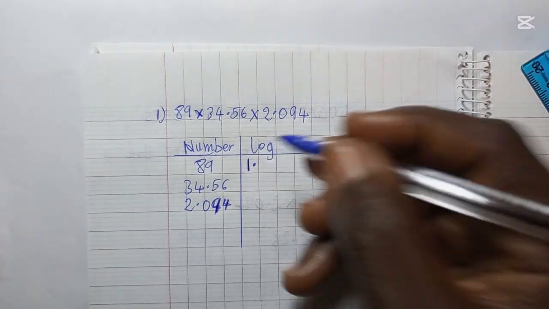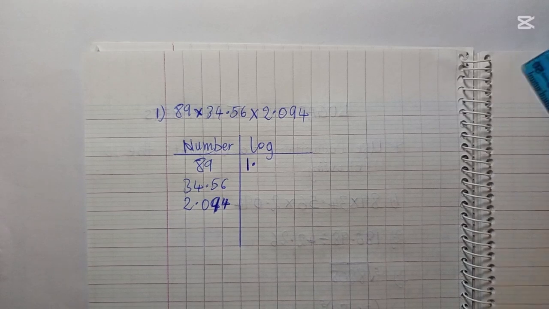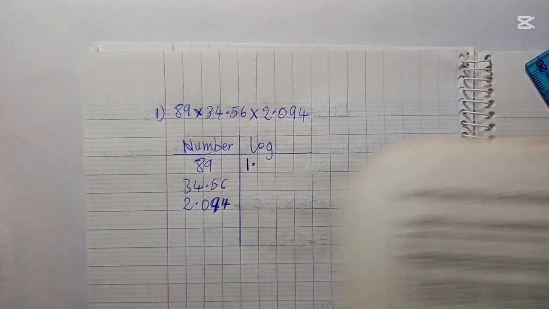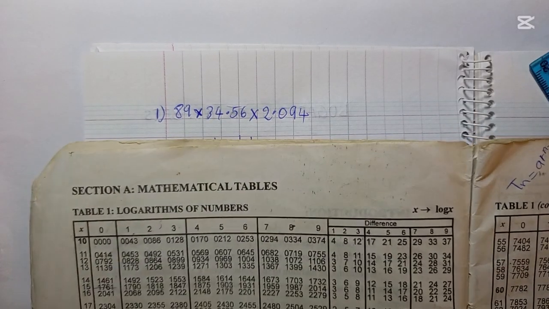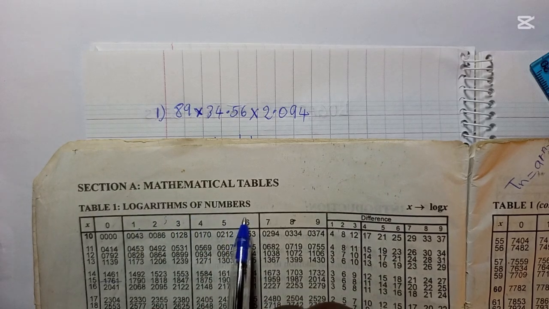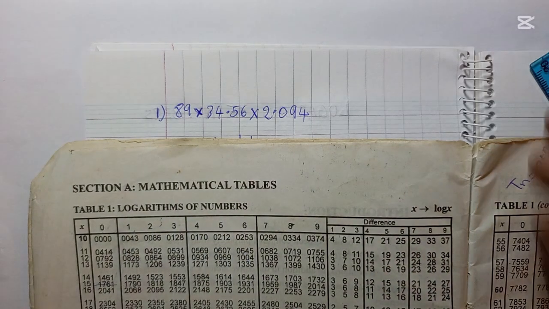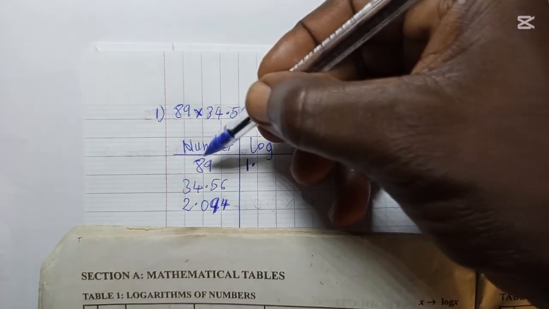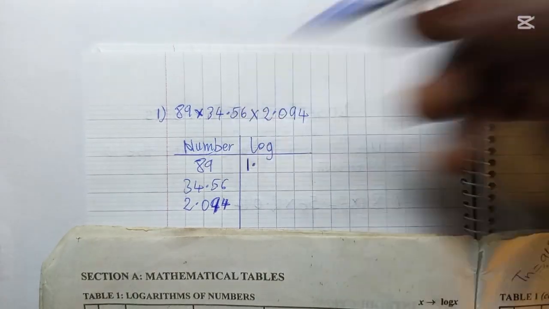And doing that, we will need our 4-figure table. So this is the 4-figure table, logarithm of numbers. So we are going to look for 89 under 0.